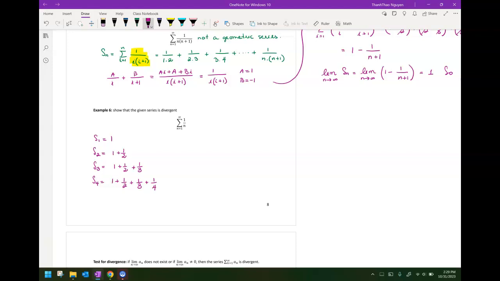Note that this is greater than 1 plus 1 half. Let's take a look at this. That will be greater than 1 plus 1 half plus 1 fourth plus 1 fourth for sure.